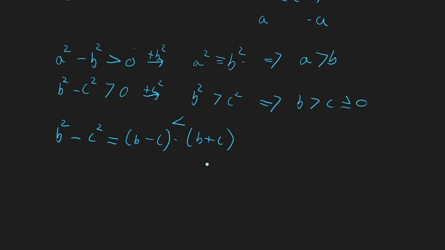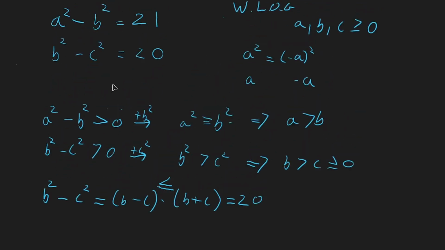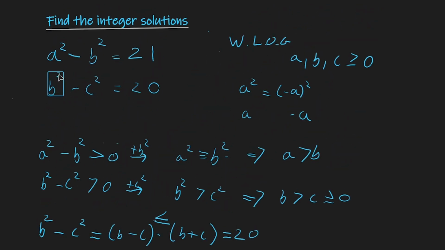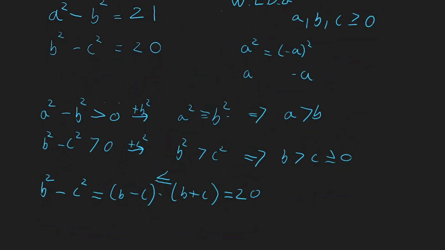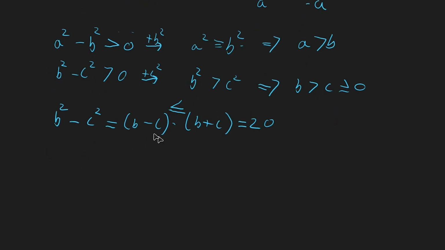So we know that B minus C is smaller than or maybe equal to B plus C. And we also know that this has to be 20. That was the assumption when we started: B squared minus C squared equals 20.